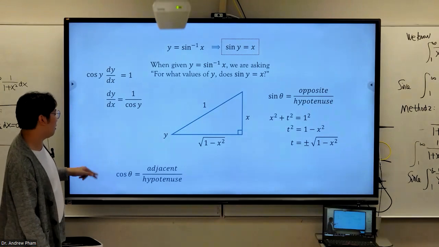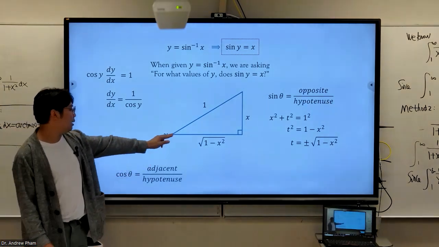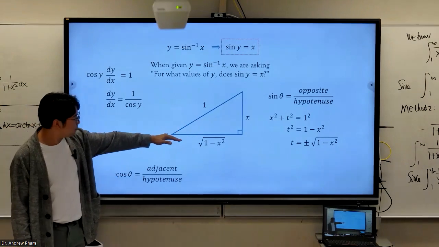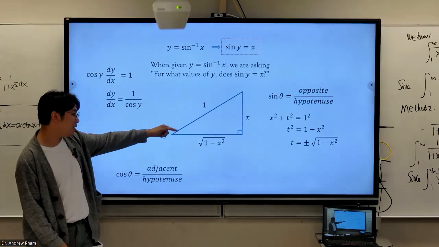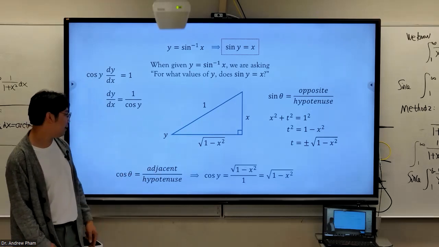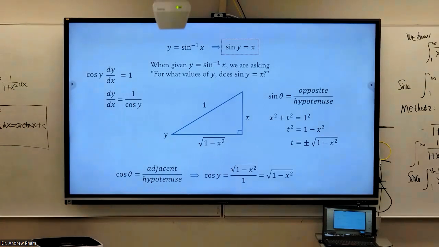So since I know that cosine is adjacent over hypotenuse, which one of these three sides is adjacent to y? Yeah, square root of 1 minus x squared. What's my hypotenuse? Yeah, so that means cosine of y is the square root of 1 minus x squared.